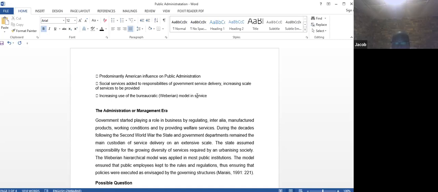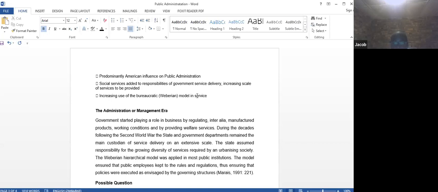So they started to let the people manage the areas of public administration as a system through administration. The model ensured the public employees kept the rules and regulations, thus ensuring that policies were executed as envisaged by the governing structures.